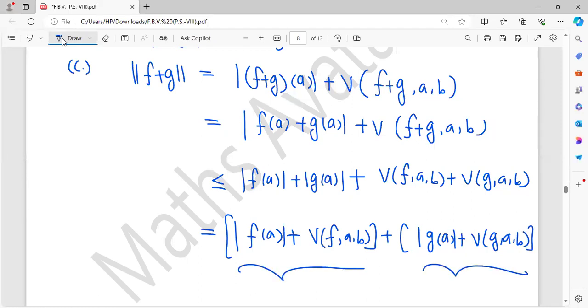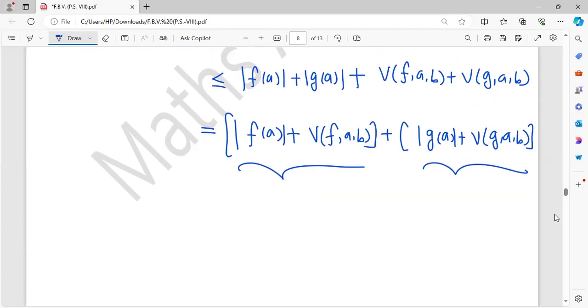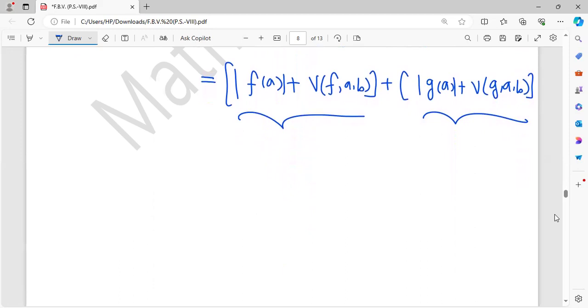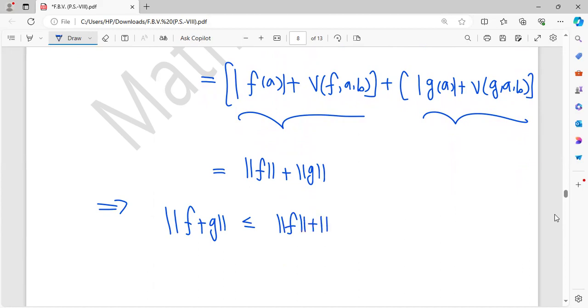This is the norm of F and this is the norm of G. So this implies the norm of F plus G is less than or equal to the norm of F plus the norm of G. So option C is also correct.